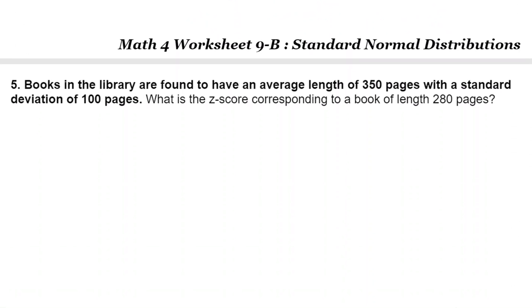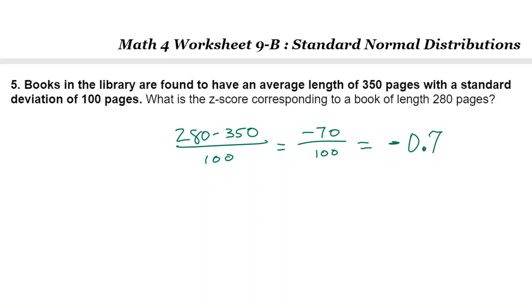All right, a book is 280, the mean is 350, and the standard deviation is 100. And that's going to leave you with negative 70 over 100, or negative 0.7.